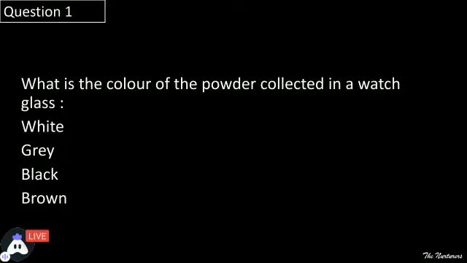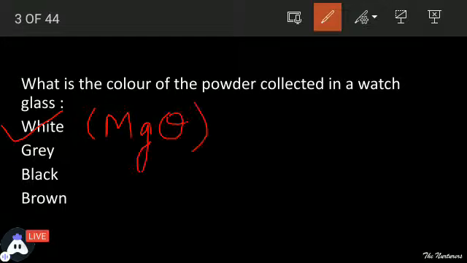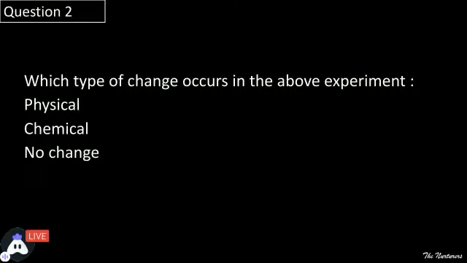White, gray, black, and brown. Out of these four, which would be the color? Yes, very good. The color of the magnesium oxide would be white. So you must know that the ash or the powder collected was nothing else but magnesium oxide. Moving ahead to the next question.